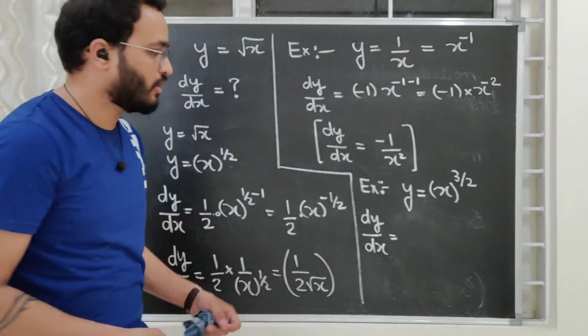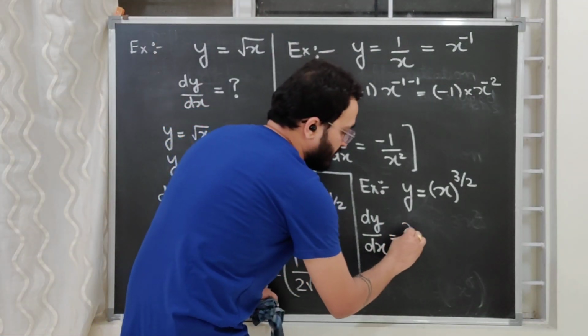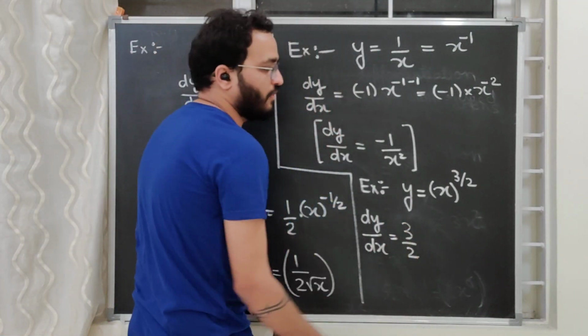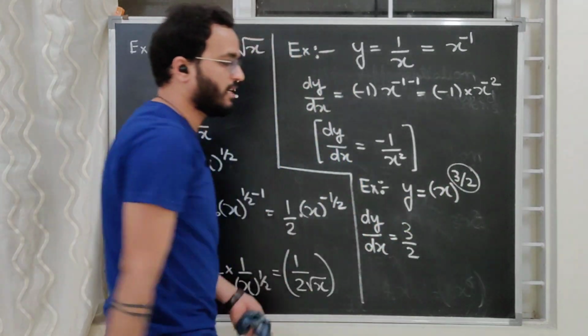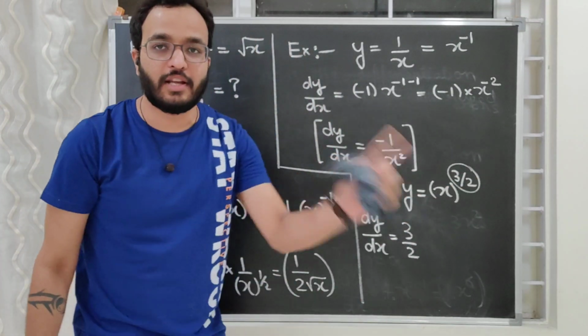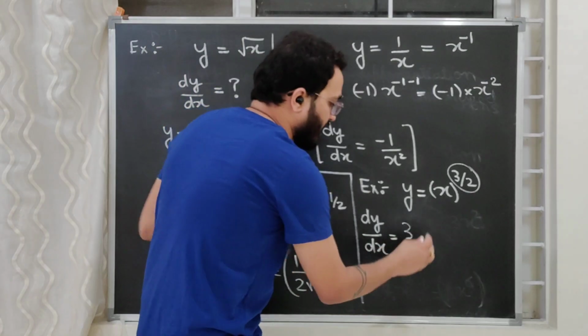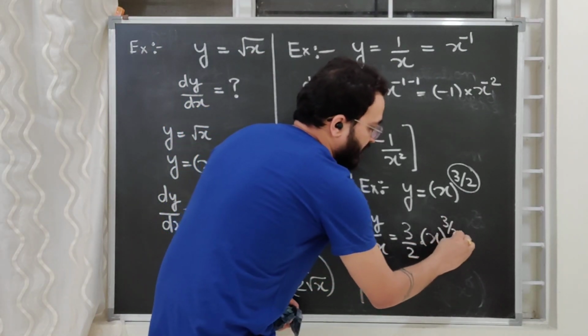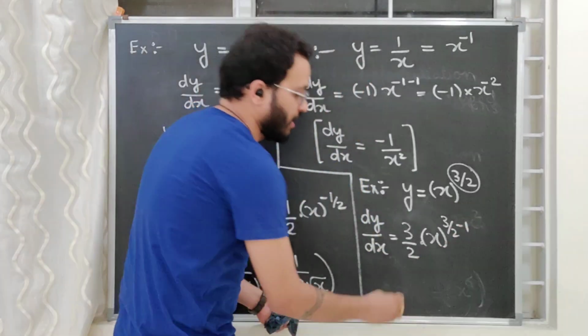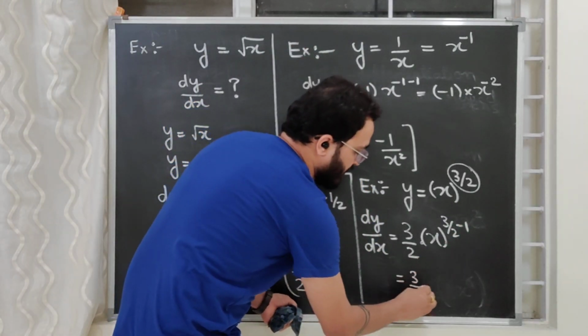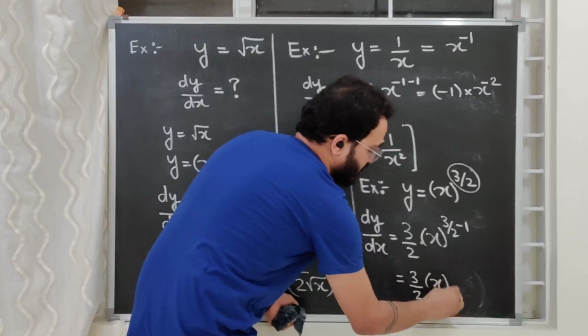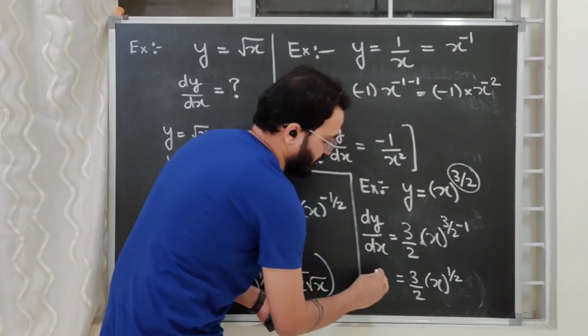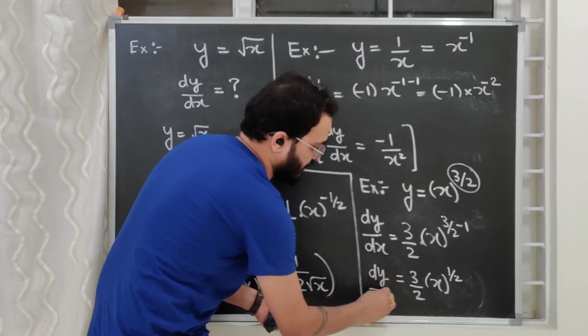You are going to bring the n as the coefficient, because this 3 by 2 will be your n. Then it will be x to the power n minus 1, that means 3 by 2 minus 1. So how much will it become? 3 by 2 into x to the power half. This will be your dy by dx.